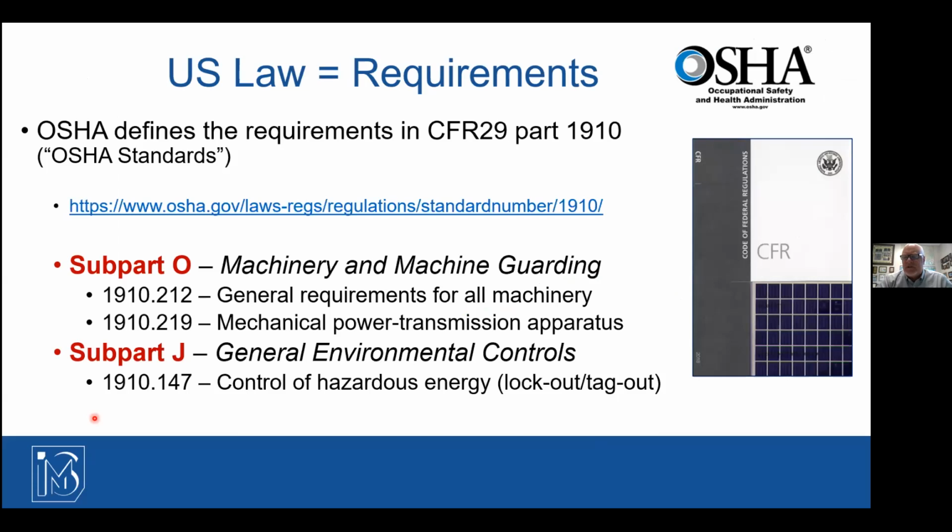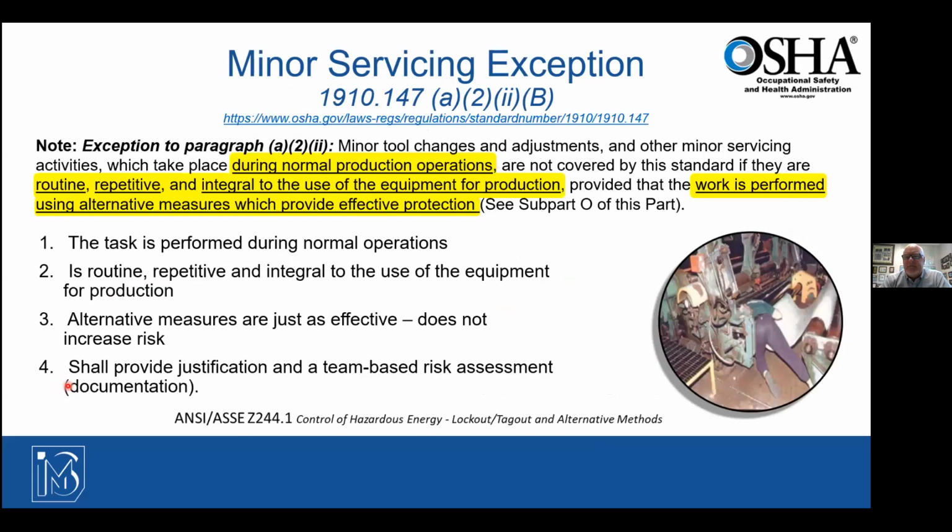Where it fits into the laws, into Code of Federal Regulations 29, part 1910, is primarily in the environmental controls, where lockout, tagout resides in .147. And basically it's a minor clause.